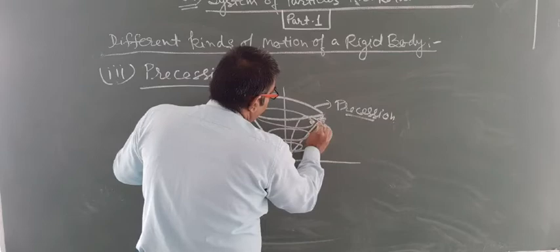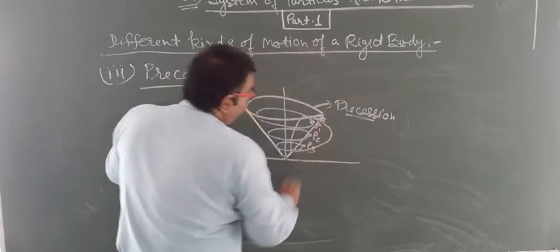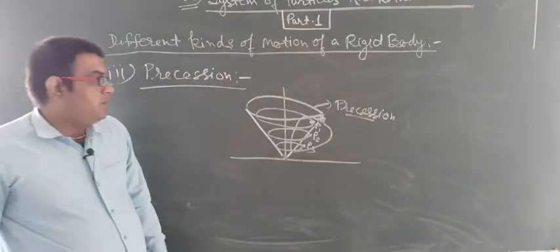These are the different points P1, P2, P3 of the system of the top.